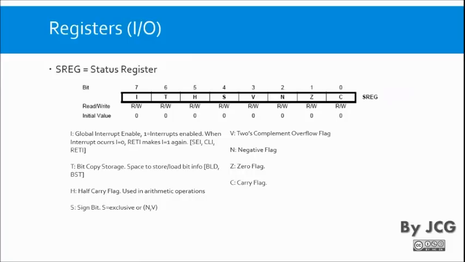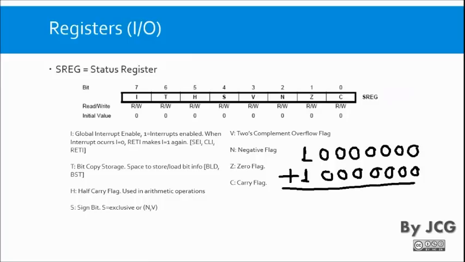And finally we have the carry flag. The carry flag is very similar to the half carry flag. However, the carry flag is when we have an overflow from bit 7 to bit 8. Let's see an example. Let's suppose we want to sum 128 plus 128. This is the binary representation of those two numbers.